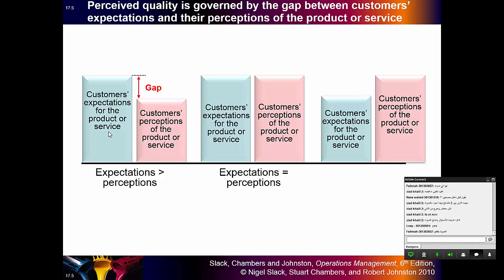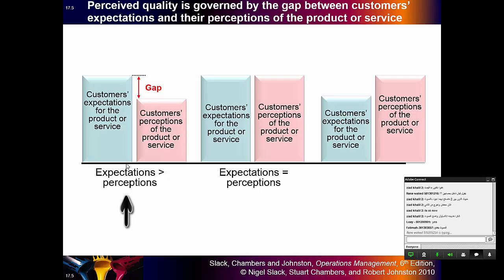So if the customer perception after using the product did not reach his previous expectation, then the quality is bad, the quality is poor here.